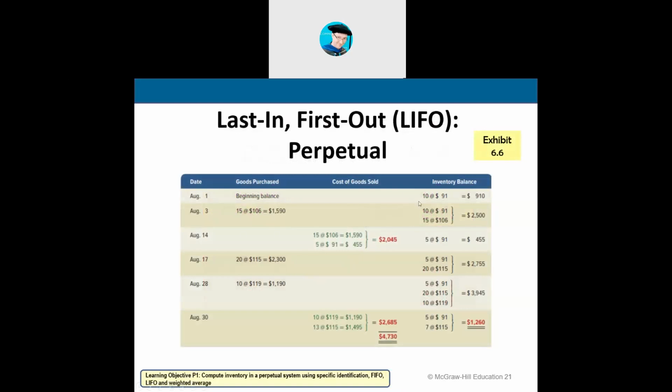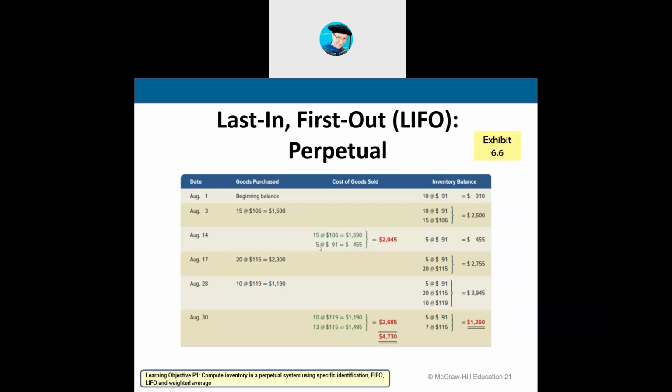So again, using the same data, August 14th, I made a couple of sales. Now remember, last in, first out, we're taking the most recent inventory that we purchased and selling that first. I sold a total of 20 bikes on August 14th, 15 of those at $106, not 91, because last in, first out means I sold what I most recently purchased first. $1,590.